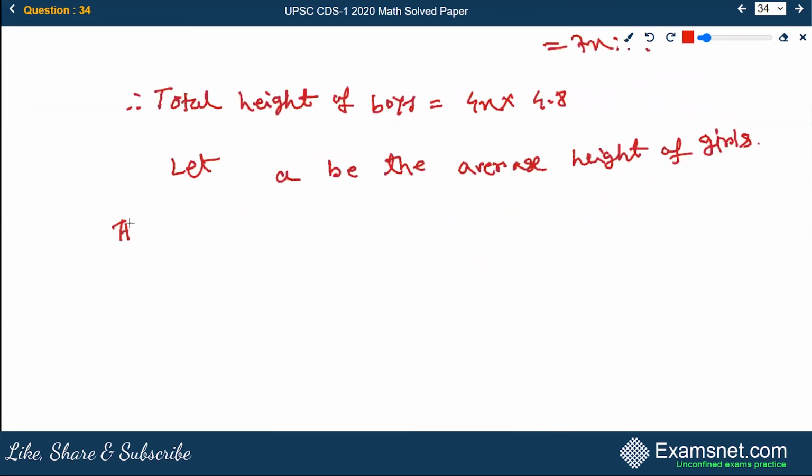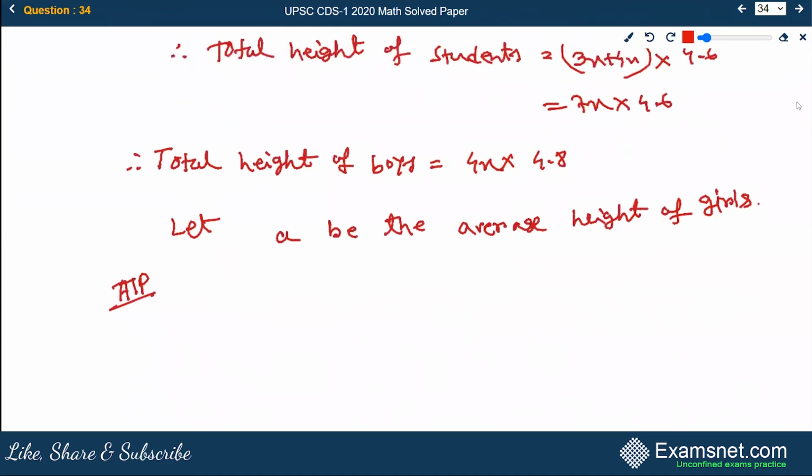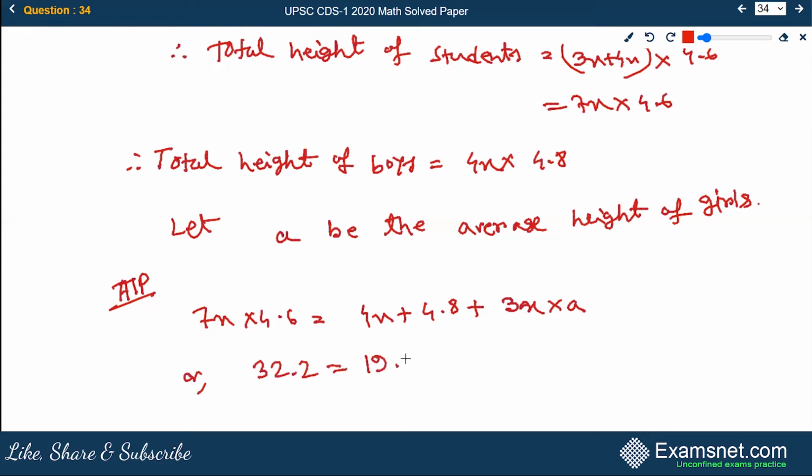So according to the problem, we can write that 7x multiplied by 4.6 equals 4x multiplied by 4.8 plus number of girls 3x multiplied by A. So from both sides x can cancel, it will become 32.2 equals 19.2 plus 3A.